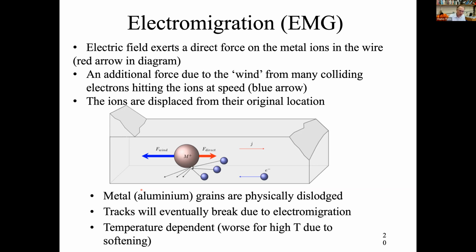So of course there's an electric field in the wire, because that's what drives the potential difference which drives the current. But also you've got, if you like, the collision of electrons like a wind, and they're going in the opposite direction from the electric field, and they are pushing into the ion. And eventually ions can get displaced from their original location.